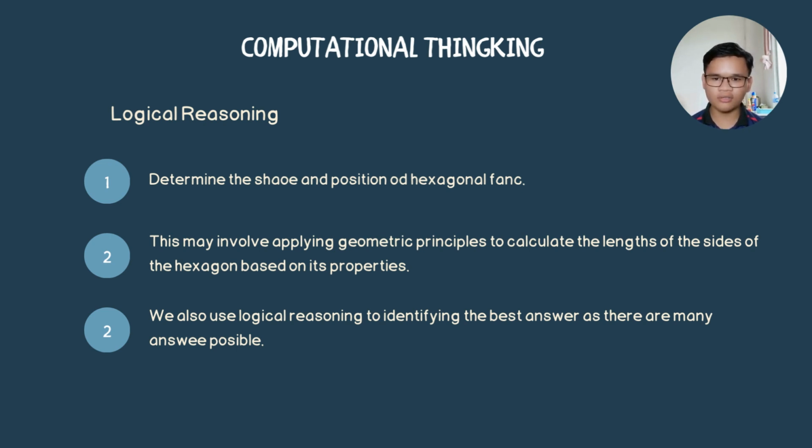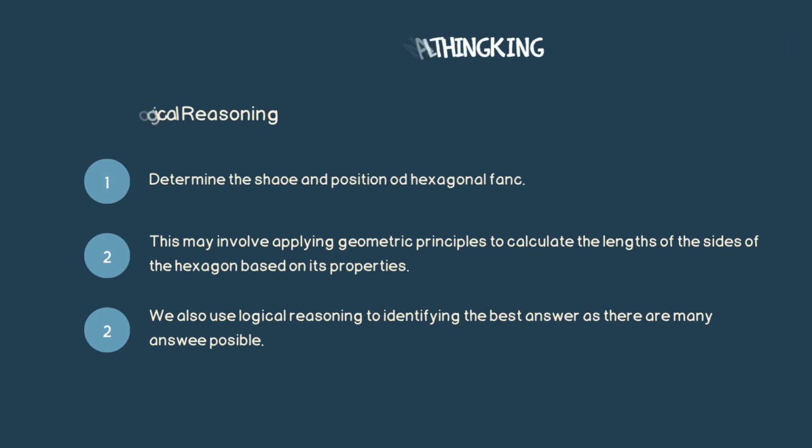Then we also think logically that the geometry principle of the formula just now is applicable for this situation. And finally, we identify the best one from many other possible lengths of the plank. Then we get the answer that is equal to 10 meters just now.